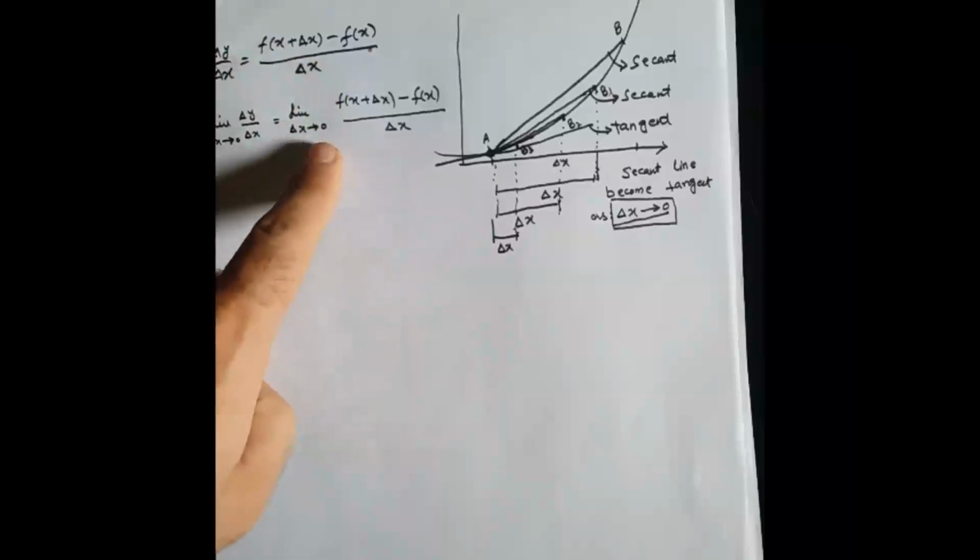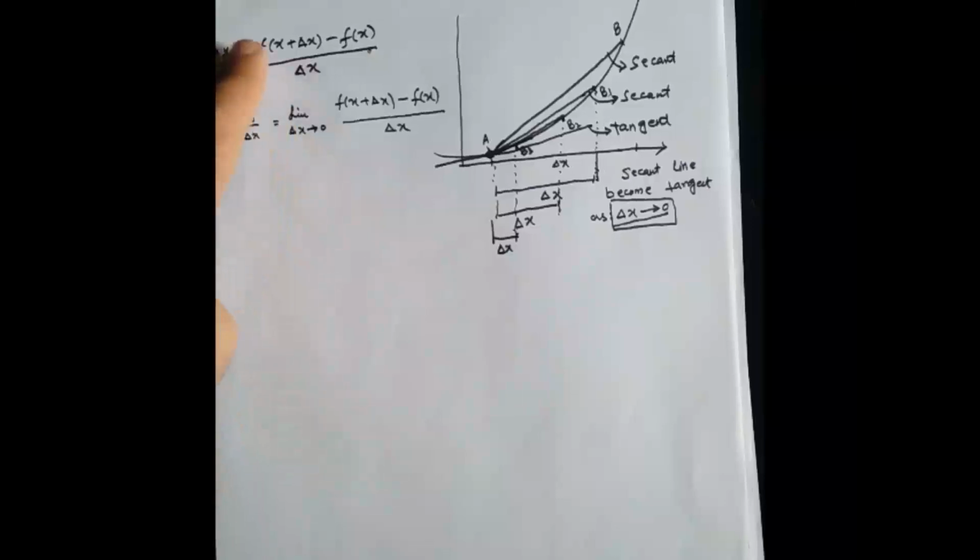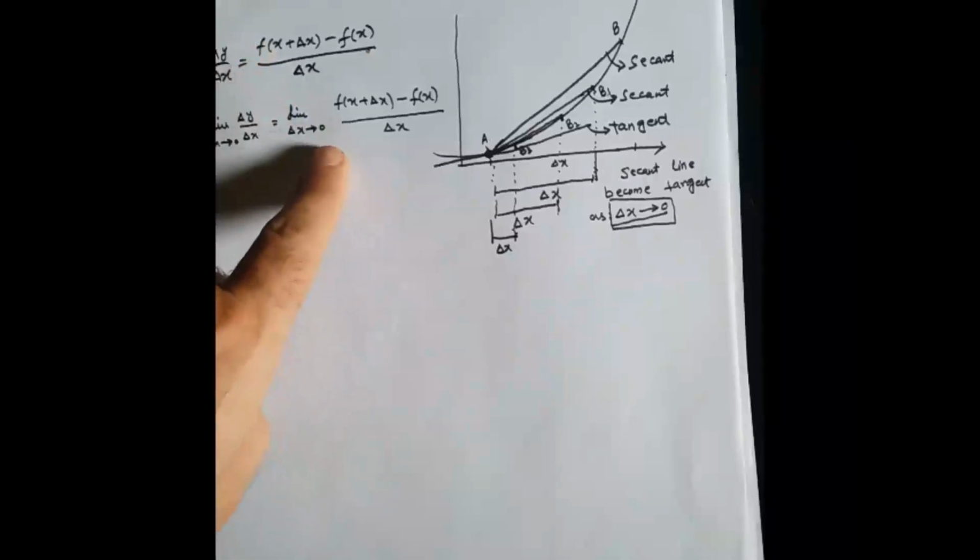So applying this limit as delta x approaches 0 on both sides of this definition of the secant line, we get the slope of the tangent line, since this one is the slope of the secant line, and applying this limit as delta x approaches 0 on this definition, we get the slope of the tangent line.